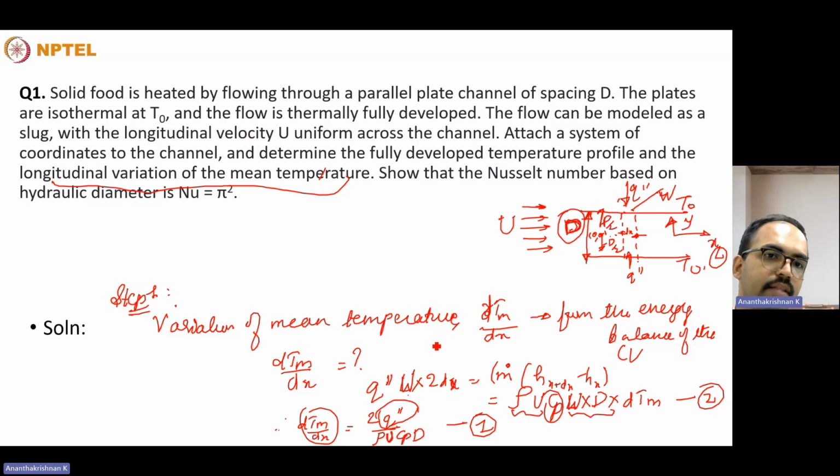So 4 multiplied by the area divided by perimeter will give the characteristic dimension. So it can be close to the hydraulic diameter as well.